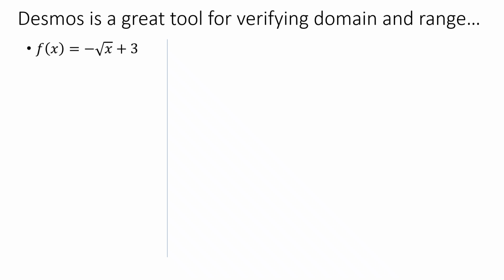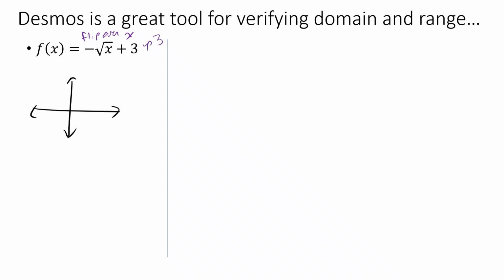So Desmos is a great tool for verifying domain and range. Now, if you wanted to do this one without using Desmos, I always recommend using your transformations. So what do we have going on here? We have a flip over the x-axis, and then we're going to go up 3.